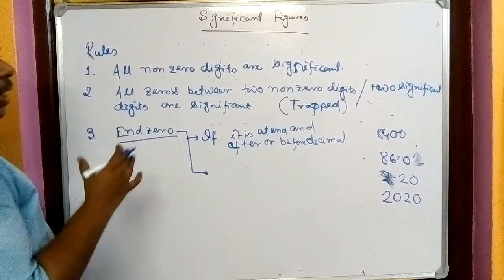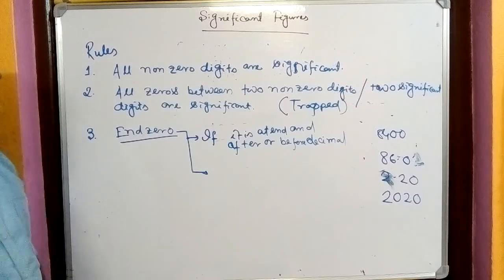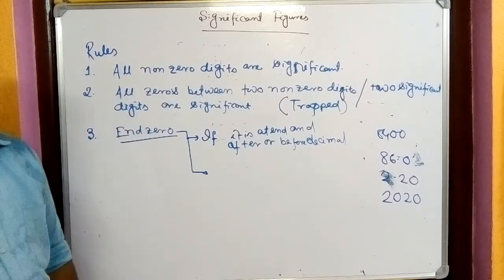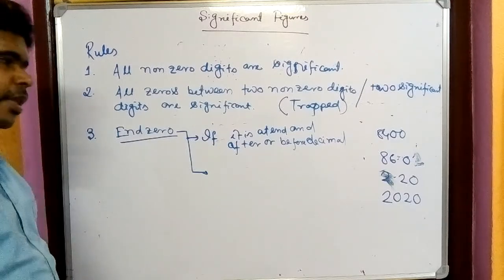If a 0 is at the end and it is after or before a decimal, then it should be taken as significant.